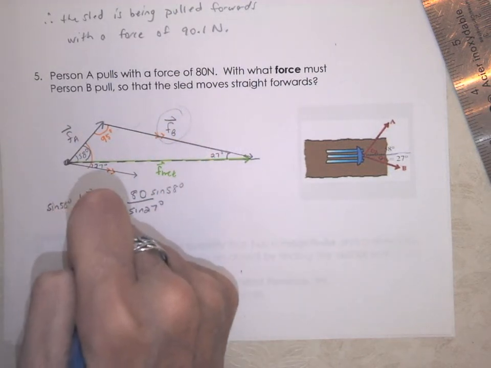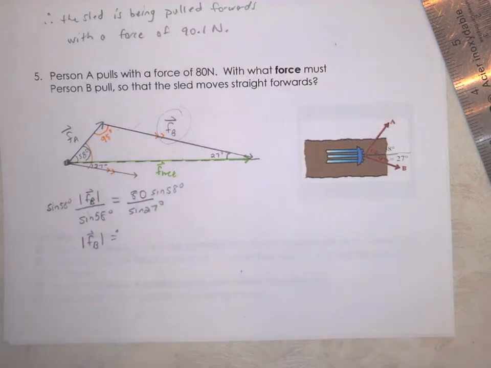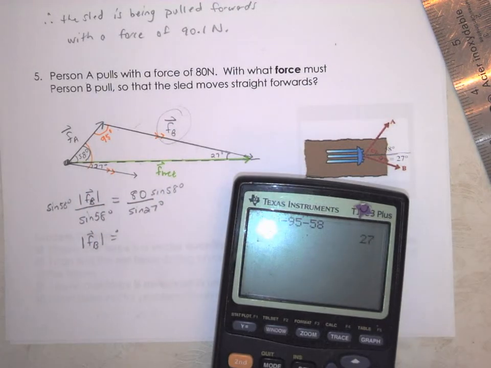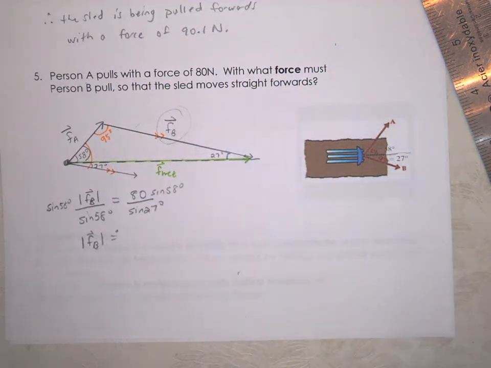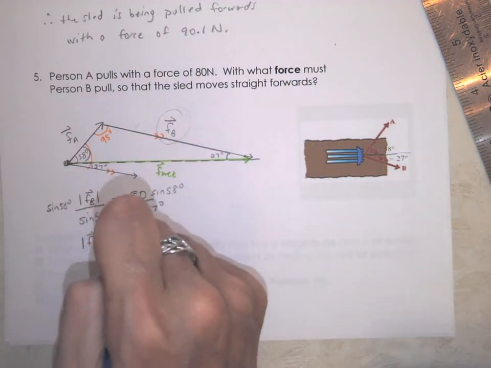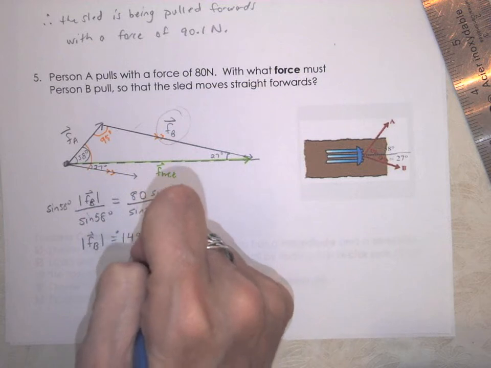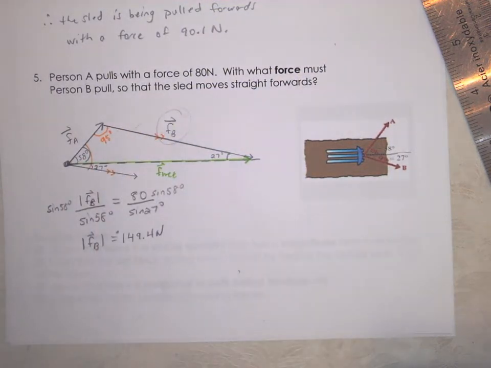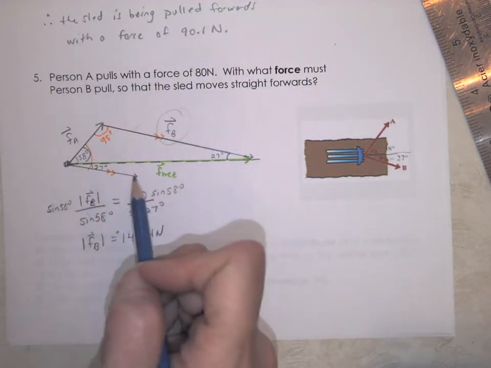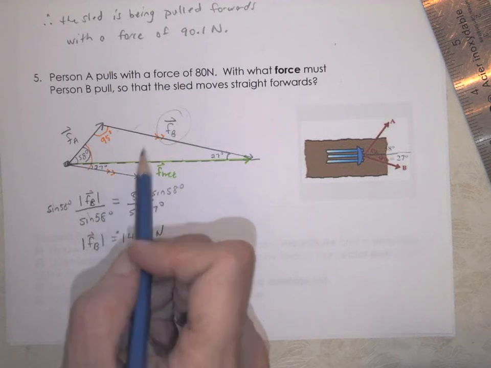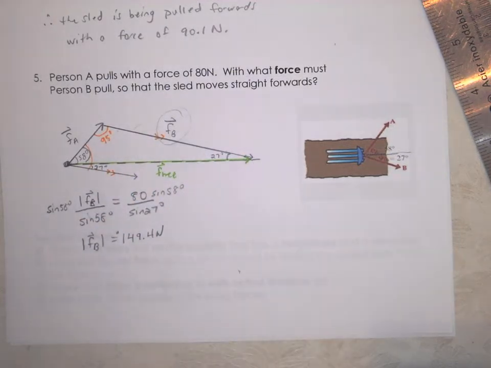And we get that the magnitude of the force that person B has to pull with is going to be 80 times the sine of 58 divided by the sine of 27, or 149.4 newtons. And our diagram suggested that that was going to happen because this was at a smaller angle. You were going to have to pull harder for it to end up going forwards.